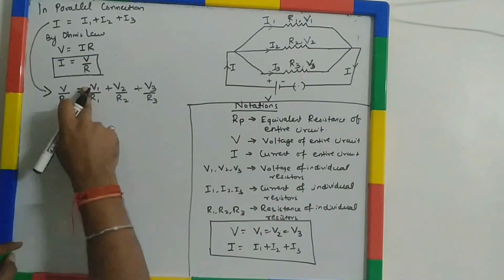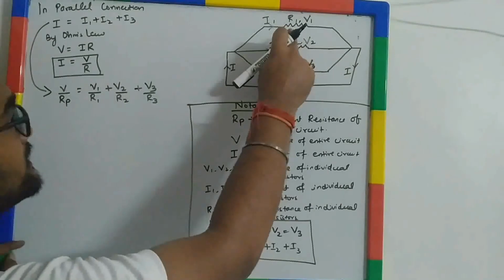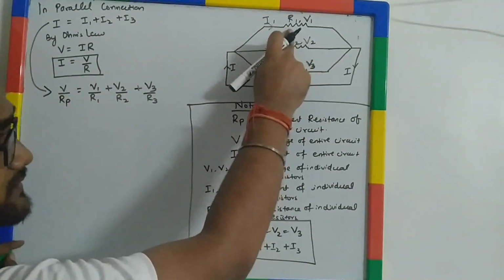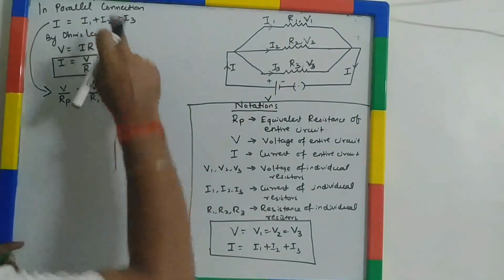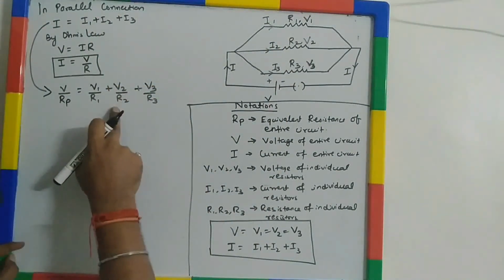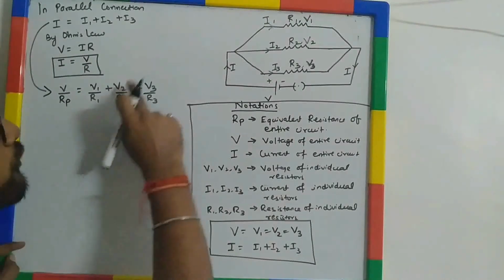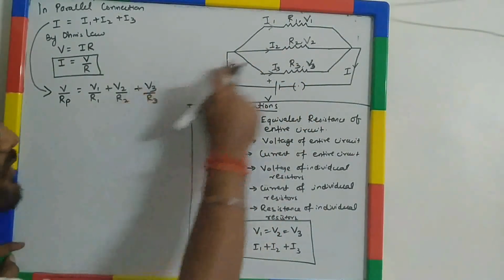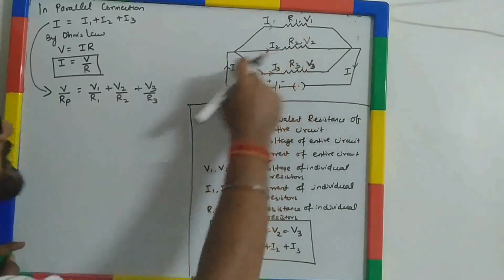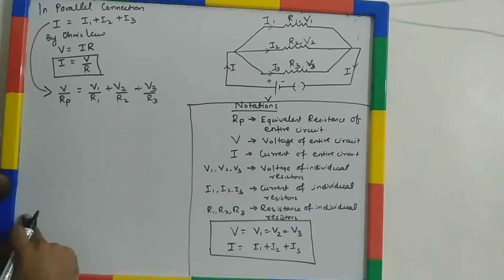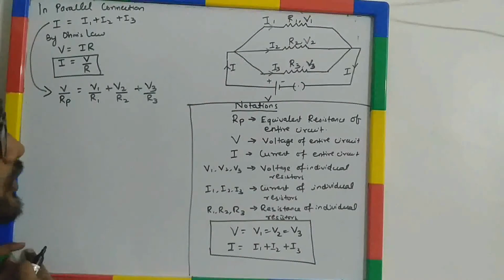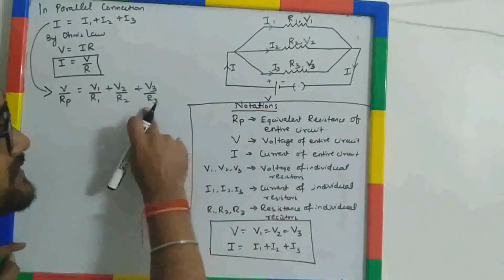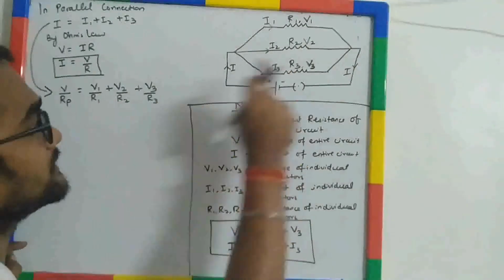So V1 is the voltage across resistor R1 and R1 is the resistance of the first resistor. In place of I2, I have inserted V2 upon R2 because V2 is the voltage across resistor R2 and R2 is the resistance of the second resistor. In place of I3, I have inserted V3 upon R3 because V3 is the voltage across resistor R3 and R3 is the resistance of the third resistor.